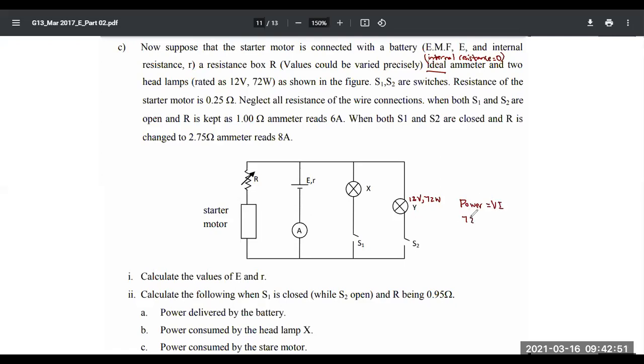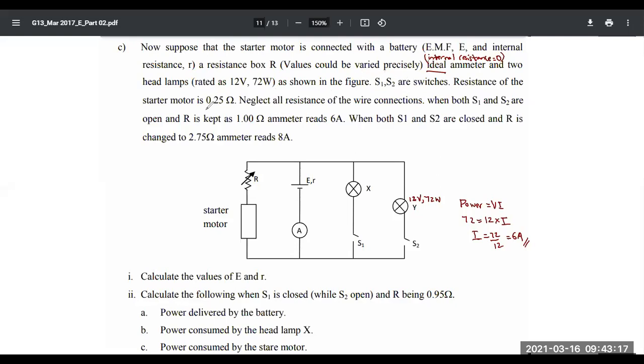For power you will put 72, for voltage you will put 12, and for current we don't know the rated current. So current is going to be 72 over 12. That is 6 ampere. So you need 6 ampere of current for this to work to its proper potential, right? 6 ampere current is required.